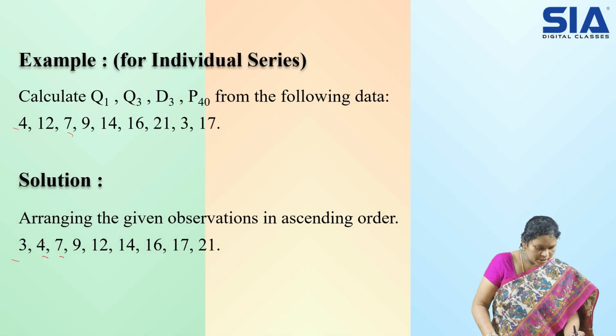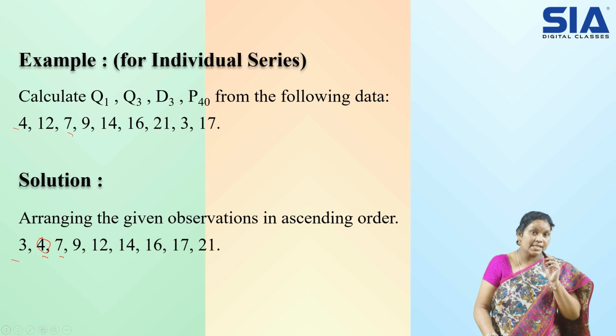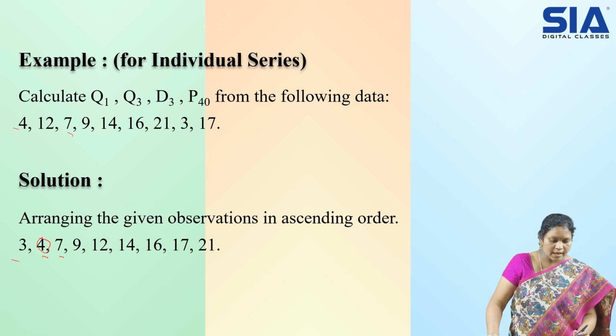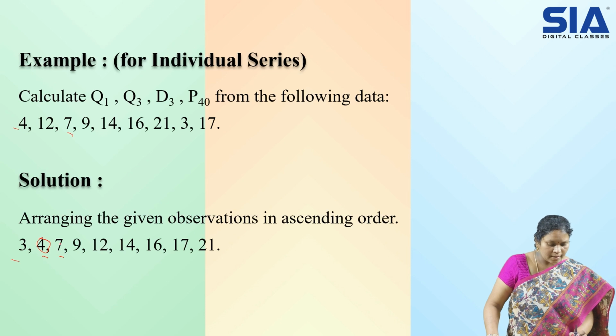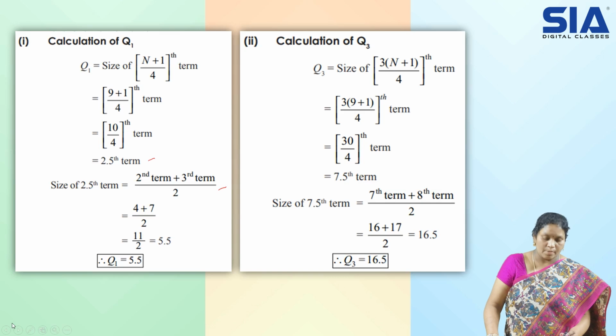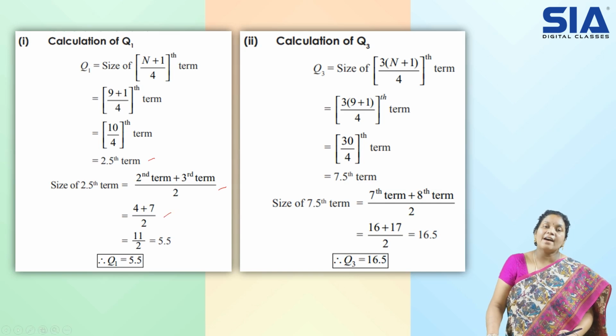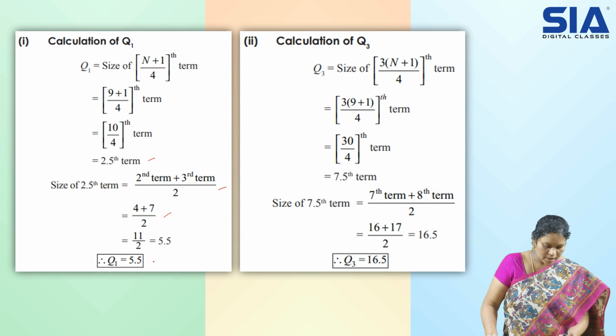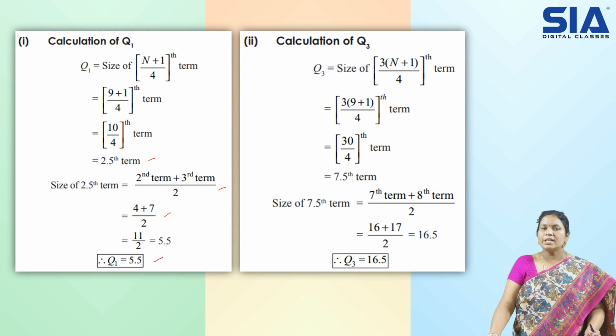The second term is 4. Check it out: after arranging in ascending order, whatever data you get, that you have to consider. So the second term in our data is 4. The third term in our data is 7. So those two values you have to add up. 4 plus 7 by 2. So we get the exact average value. That becomes your Q1. 11 by 2, nothing but 5.5. That is how we calculate Q1.